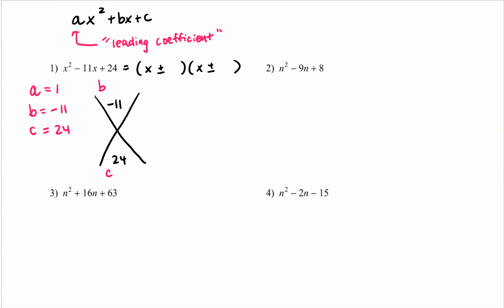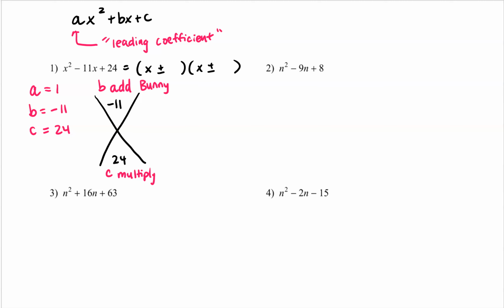Now, our goal from here is to find two numbers that add to our b value and multiply to our c value. And the way that I personally remember this is I like the musical artist Bad Bunny.